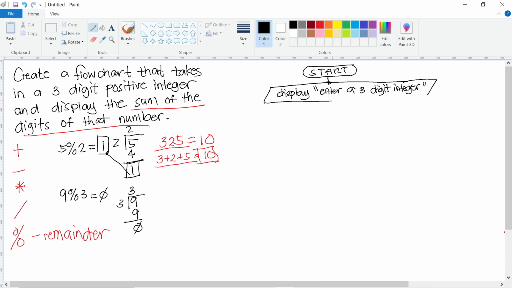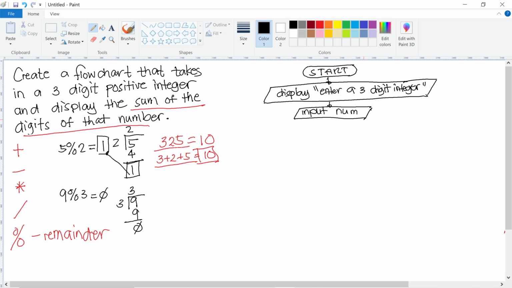Then after instructing the user to enter this value, we are going to have an input statement that would accept the value that the user will enter. So let's say we have variable num. Take note that num will hold a 3-digit integer.